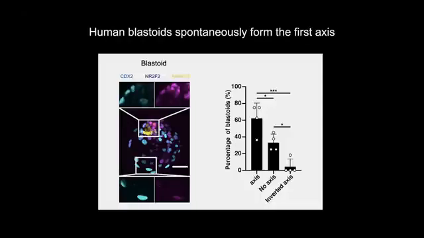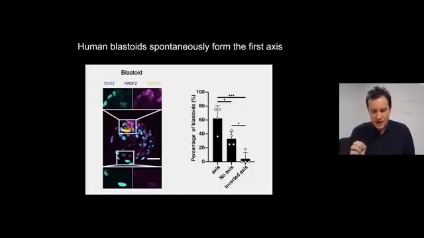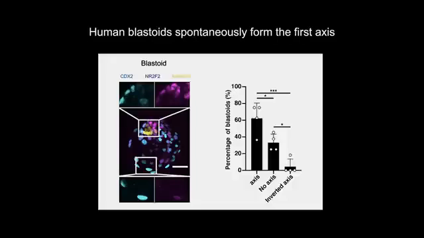So this is suggesting that, contrary to mice, in humans, the embryonic inductions that are coming from the epiblast, that you can see in yellow here, are not only promoting the growth of the stem cells that are forming the placenta, but they're also inducing the maturation so as to make them sticky and allow them to attach to the uterus. We had about 30% that did not form an axis or did not form an axis yet, and we had a very small percentage that formed an inverted axis.